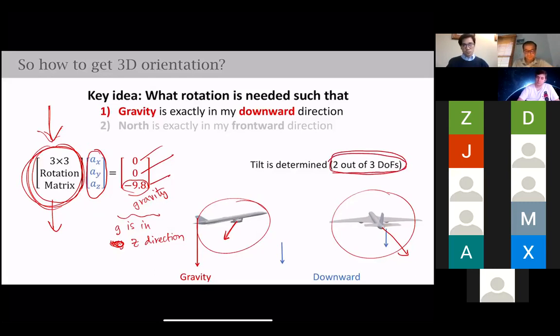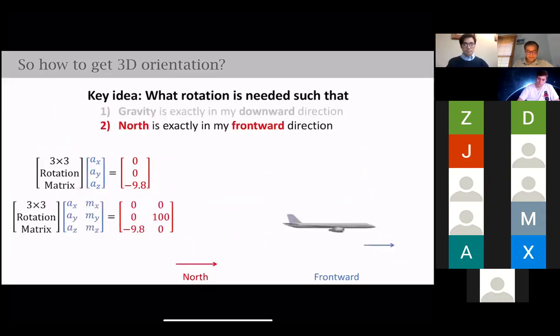Okay. Now I can do the same thing with magnetic north, keeping the gravity in place. So I can say this rotation matrix should not only take gravity to minus Z axis, but should also take the magnetic field, magnetic north, to the Y axis. Right?